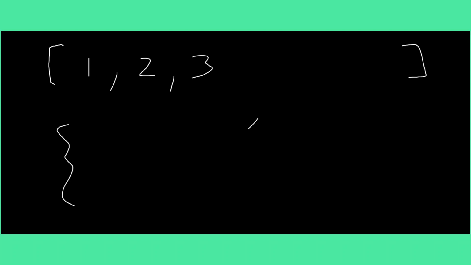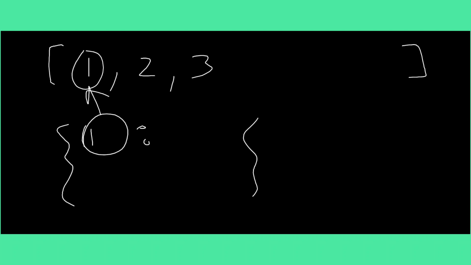while inserting, let's say I'm inserting one, I'll create a hash map as well, and I'll store the index that this value one exists at in this particular list. So this is the list, and this is the hash map as well.